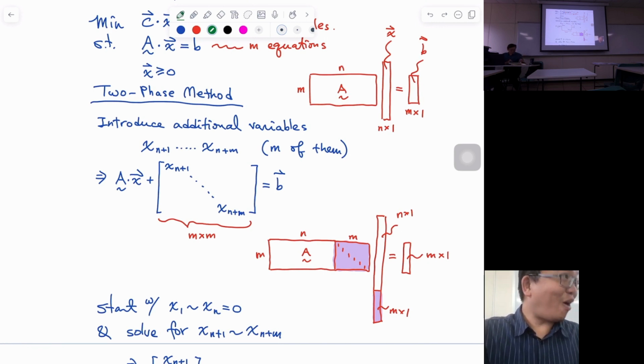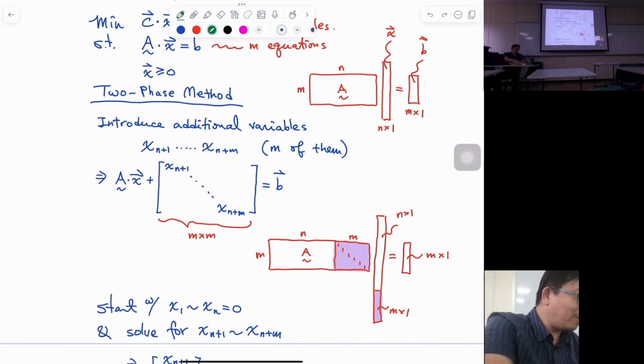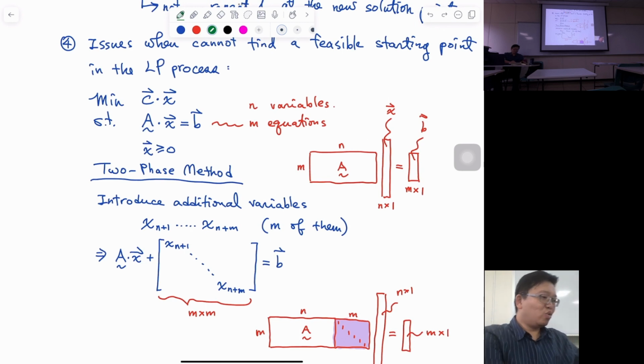And this so-called two-phase is like, in the original problem, if you have no idea where a feasible starting point is, maybe you can solve a different phase of problem. It's not the exact same problem, but maybe that can help you find a feasible set of solutions.